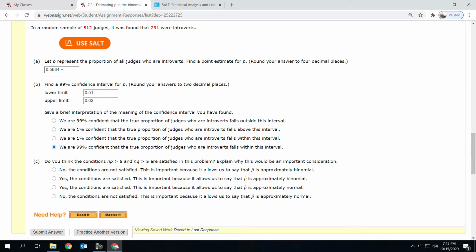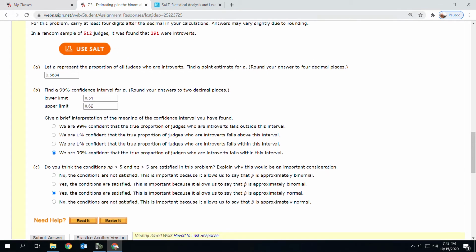Now that's q hat, the estimate for failure. Multiply that by 512 and you get 221. So we are well above 5 for both of those calculations. The conditions are satisfied, and so our estimate is approximately normal.